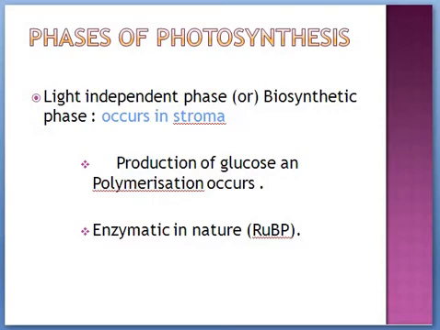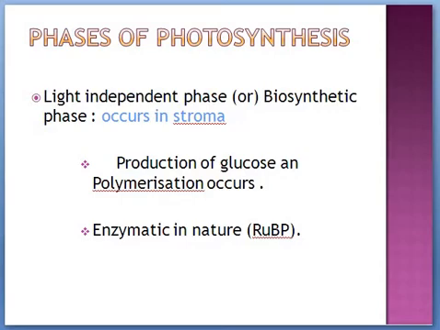Glucose is just one bead and starch is a long chain of too many beads, more than 1000 or 2000 beads together forms starch. So polymer formation is called polymerization. Polymerization means all these small molecules of glucose will be added together to form a long chain, a huge molecule called starch.